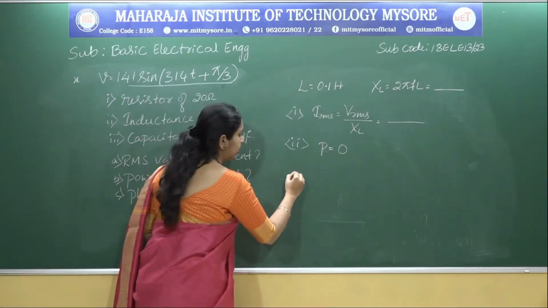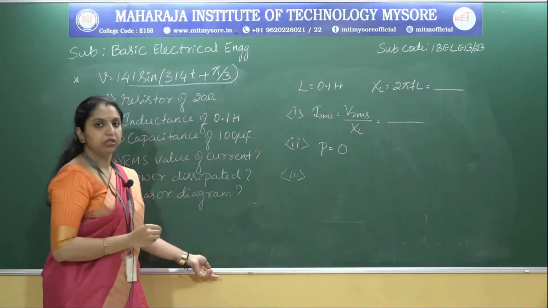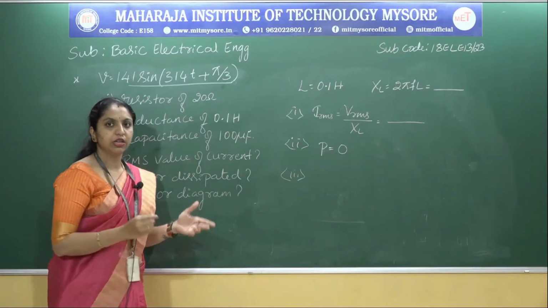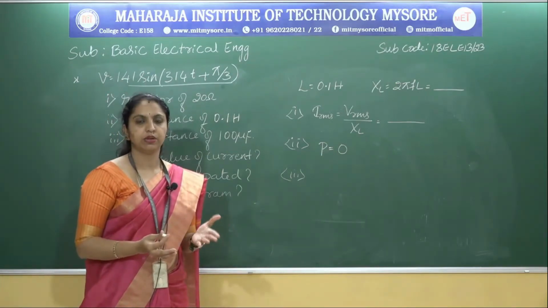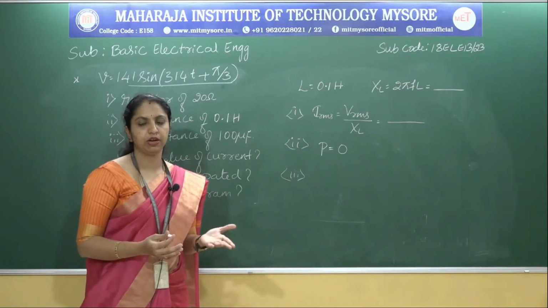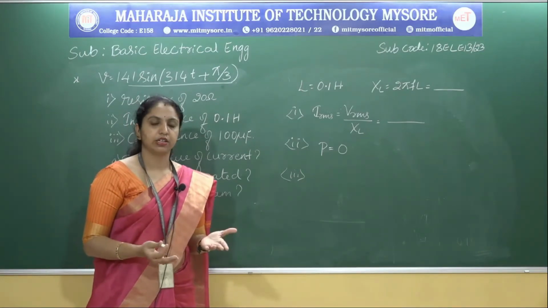And in the third case, that is the phasor diagram. You are already aware that there will be a 90-degree phase difference between the applied voltage and the current which passes through inductance.